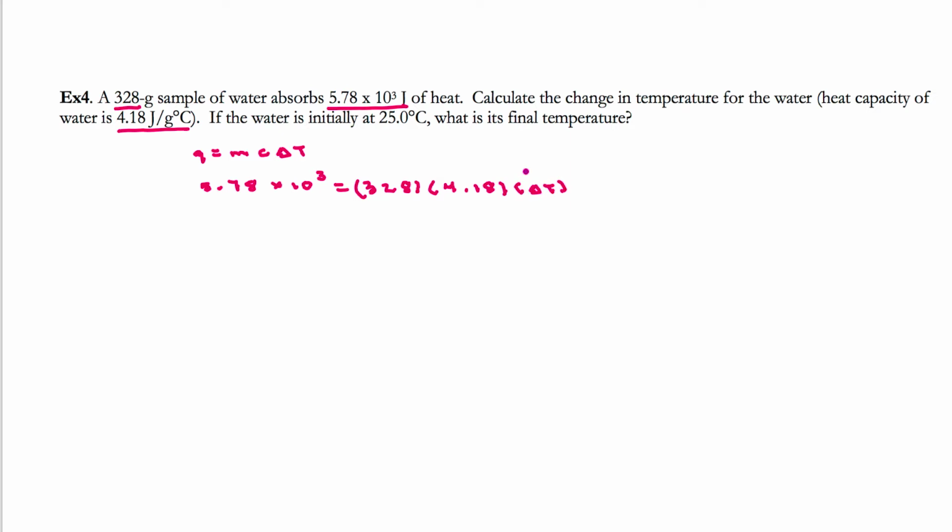So 328 times 4.18 gives me 1,371.04 times my change in temperature. That equals my heat, 5.78 times 10 to the third. I'm going to divide both sides by 1,371.04.